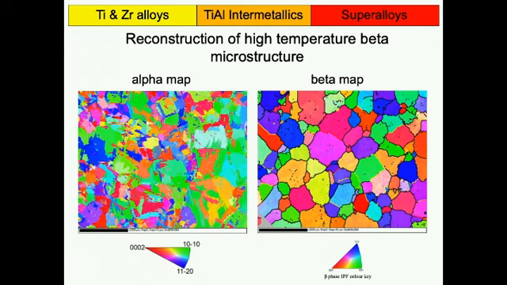No, of course not. Statistically speaking, you're most likely to cut it here. Of course, it's a distribution. So actually, in principle, if you want to have the grain size, you need to do a geometrical correction.